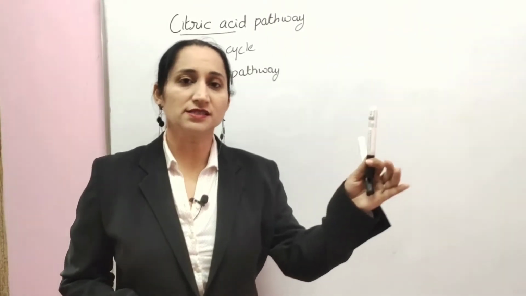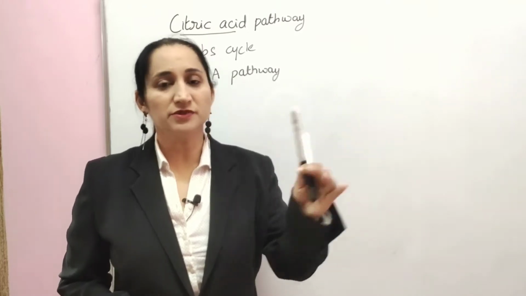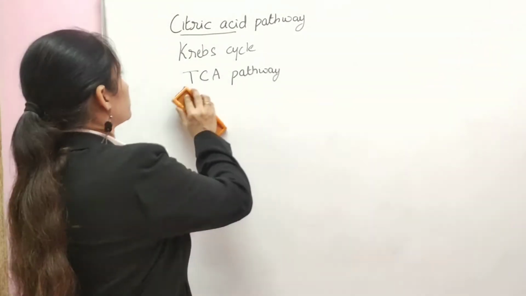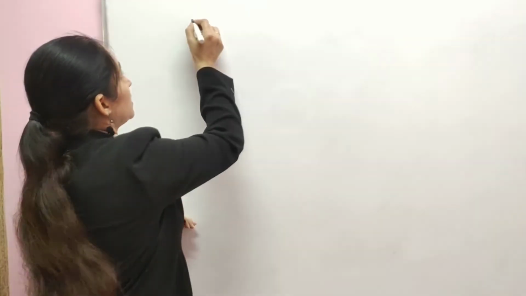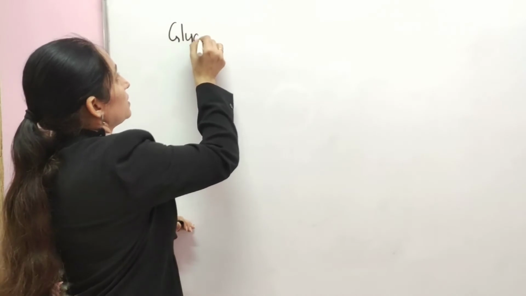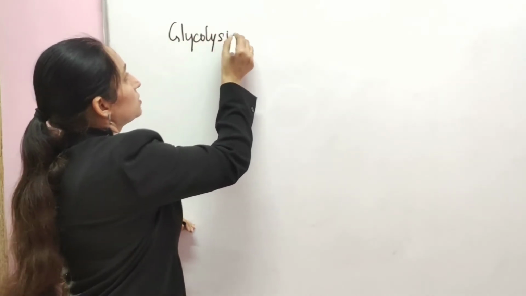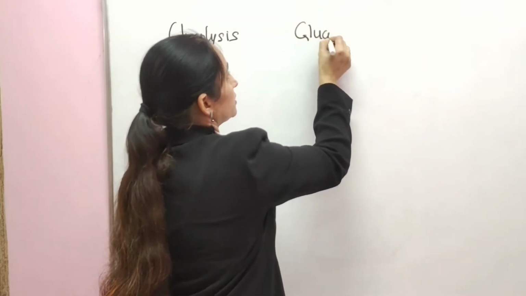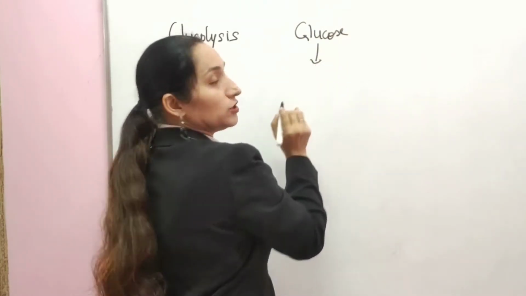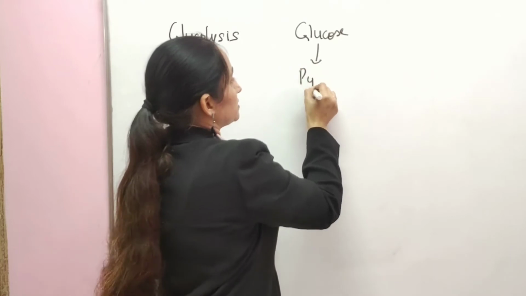First of all, let us summarize the mechanism up till now. In the mechanism of respiration, there are 4 main stages. The first stage was glycolysis. In glycolysis, one molecule of glucose was converted into 2 molecules of pyruvic acid.